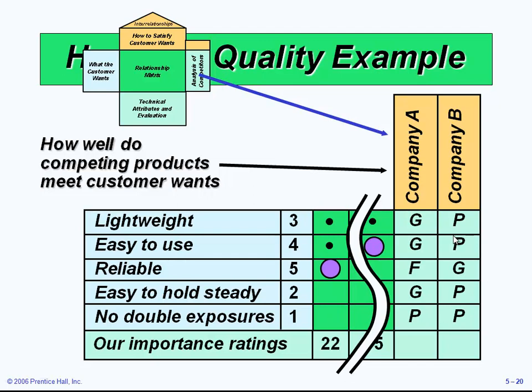So we have two companies, Company A and Company B. Company A has good for lightweight, good for easy to use, fair for reliable, good for easy to hold, steady, and P or poor for no double exposure. While the second company has poor with everything except reliability, it's good.